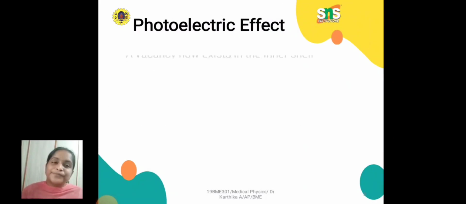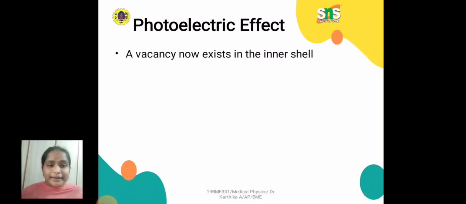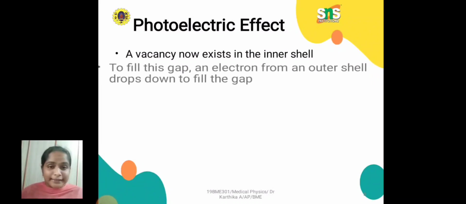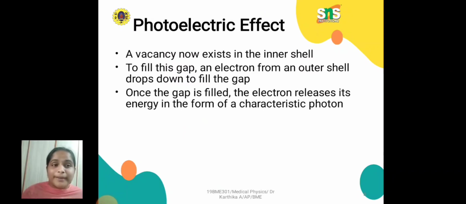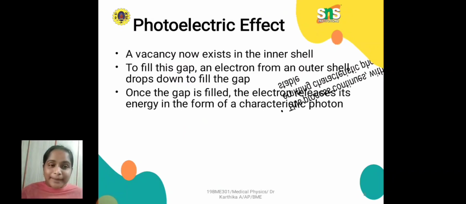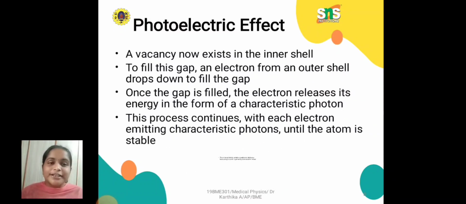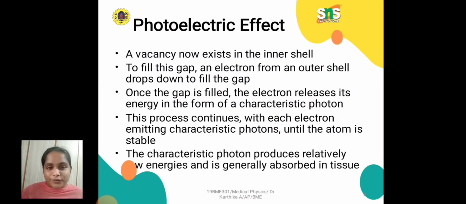A vacancy now exists in the inner shell. To fill this gap, an electron from an outer shell drops down. Once the gap is filled, the electron releases its energy in the form of a characteristic photon. This process continues until the atom is stable. This characteristic photon has relatively low energy and is generally absorbed in tissues.